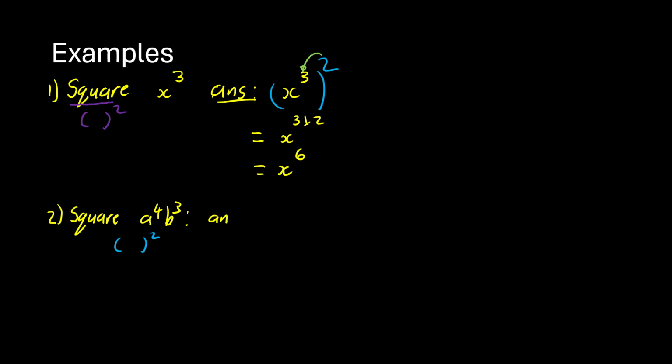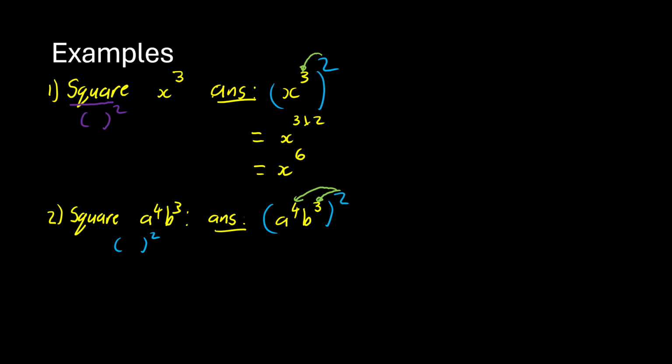So how this would look is as follows: a to the power of 4, b to the power of 3, squared. Now again, we have an exponent on the outside of the bracket, so we should know, because of exponential law number 3, that this exponent on the outside can multiply with all the exponents on the inside.